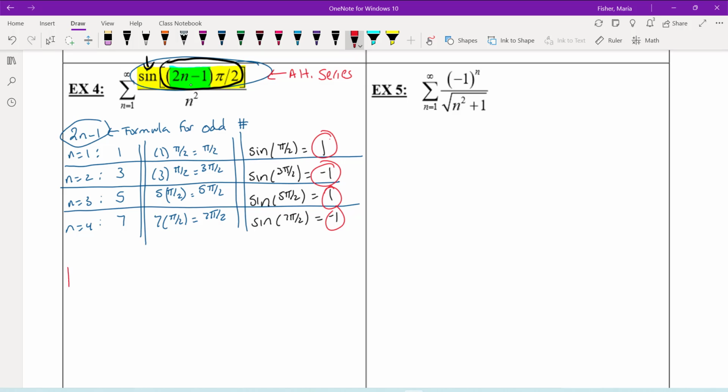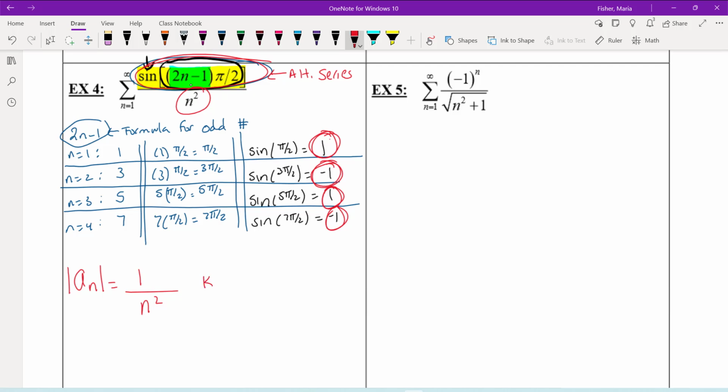If we have to find the absolute value of a sub n, again, this portion up here alternates between positive and negative 1, so when we take that absolute value, all we're left with in that numerator is a 1. The denominator stays as n squared. So the absolute value of a sub n here is 1 over n squared. Now what we need to do is figure out, does this converge or diverge?